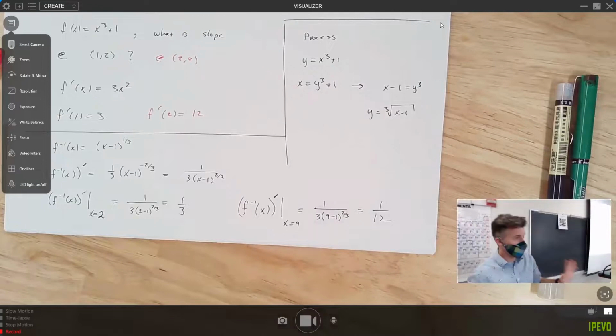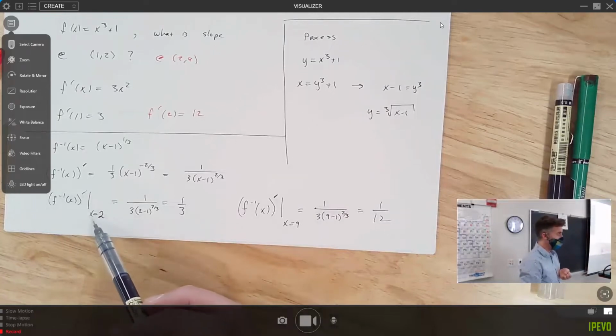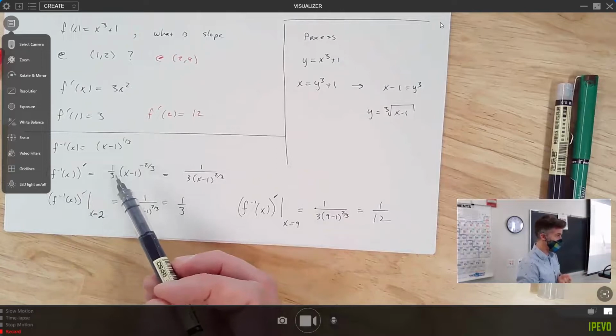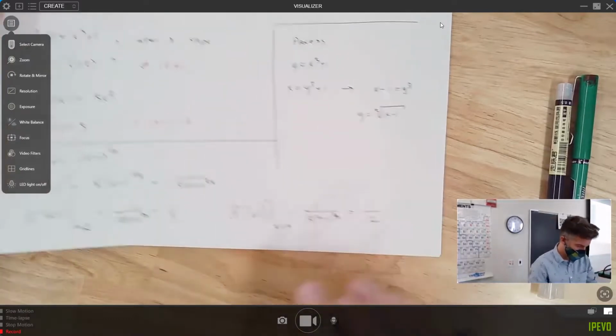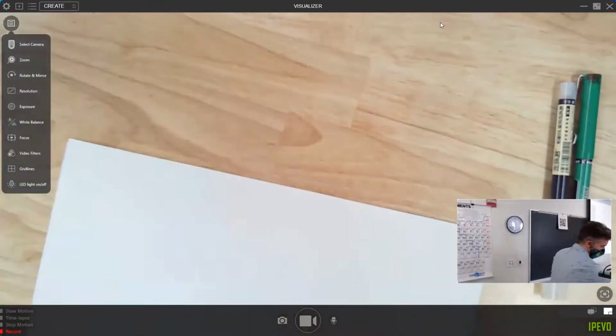So here's the idea. If you want to find the derivative of the inverse function, it's the reciprocal of the derivative of the original function. But you have to change the inputs, right? So for example, this is where things get kind of a little bit wacky.